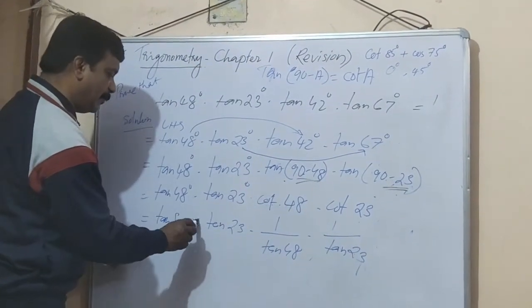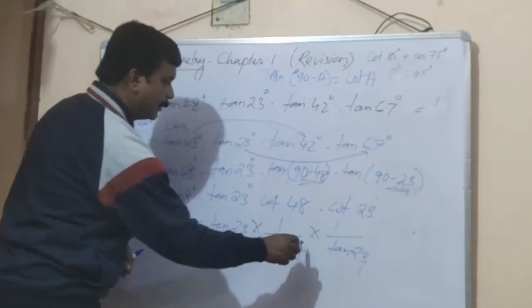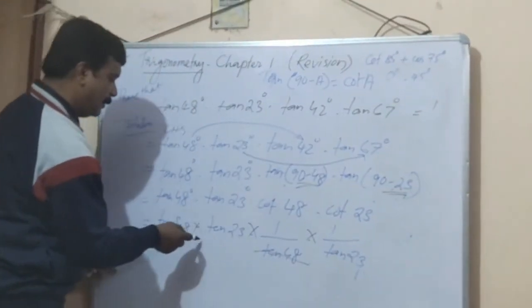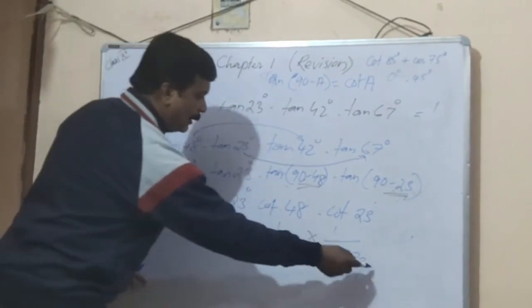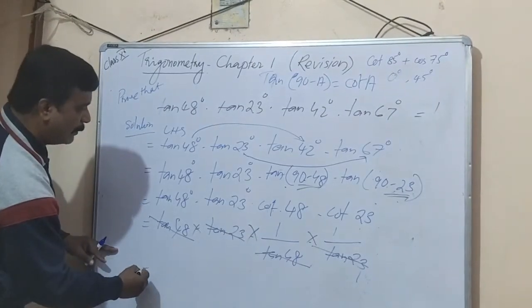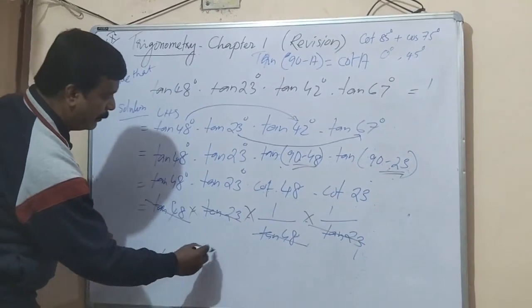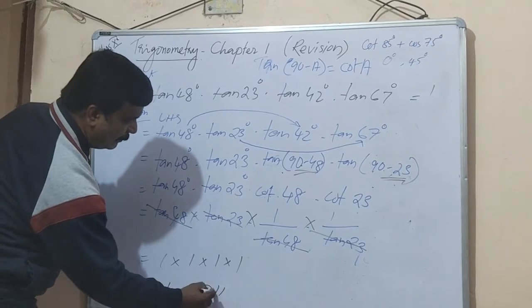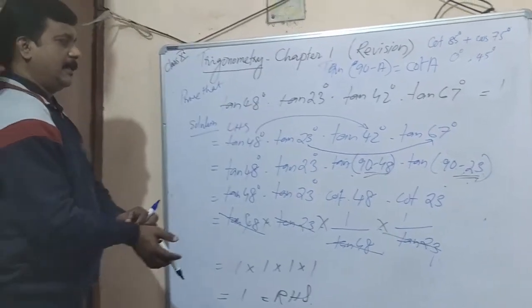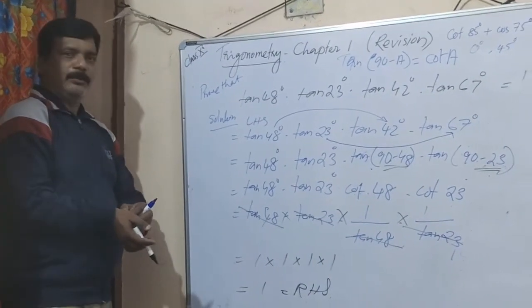In this whole multiplication, tan 48 cancels and tan 23 cancels. What will remain? 1 into 1 into 1, that is 1. That is the right hand side. Proved.